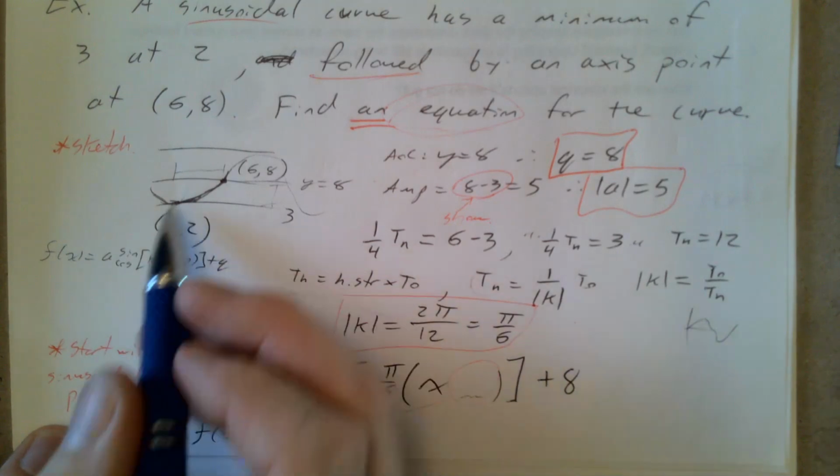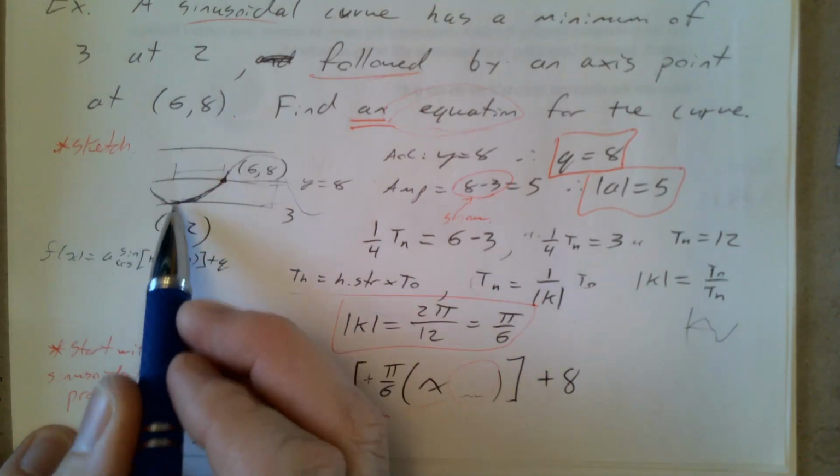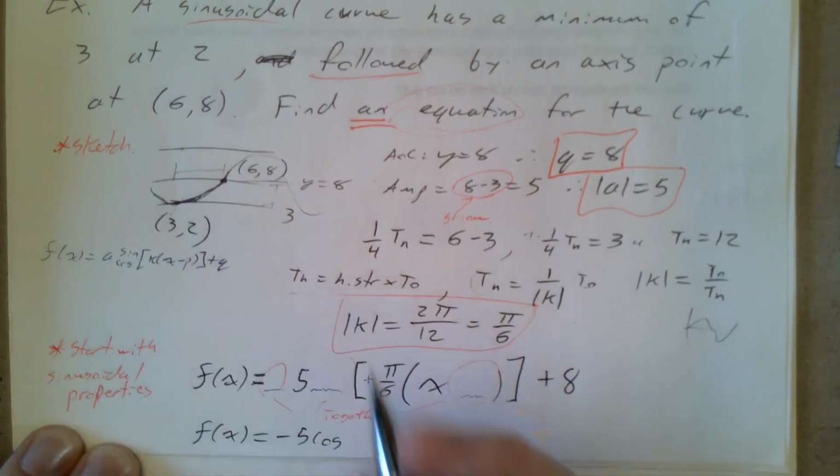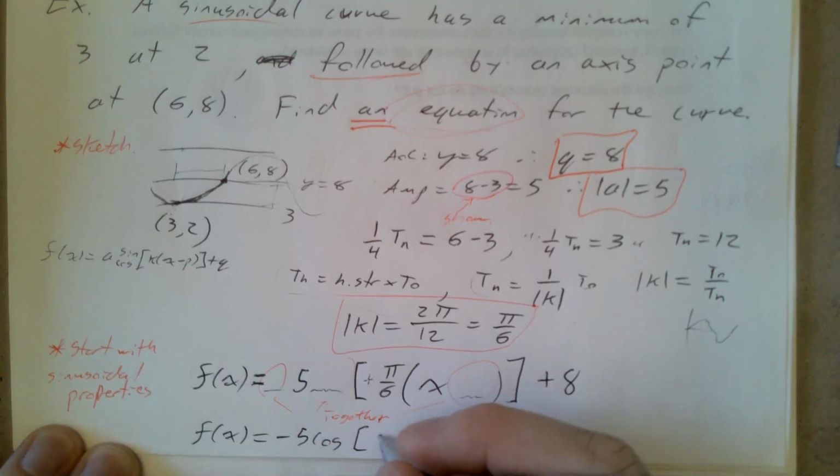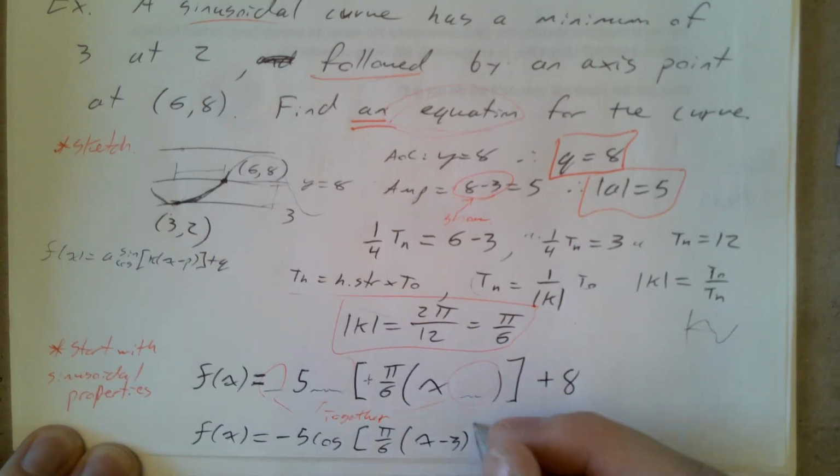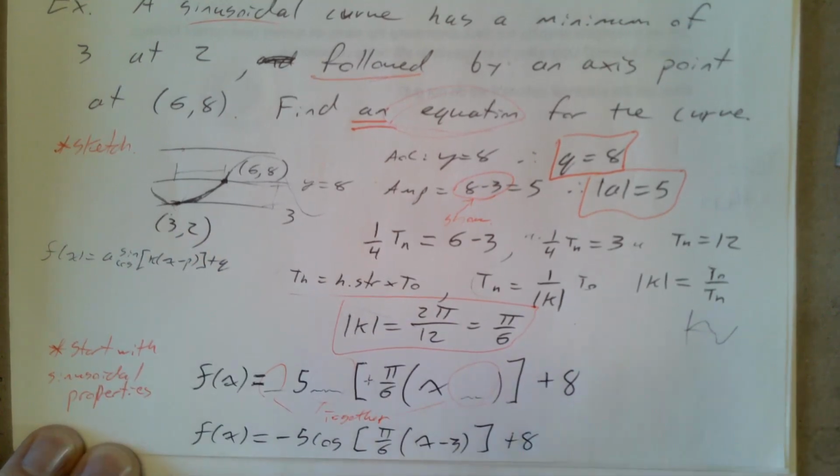Since the first information that I'm given is the location of a minimum, that sounds like a vertically reflected cosine model. And that means that I would have to, or I could, shift it right 3. So I'll go like that. And I'd predict that that would be the most popular.